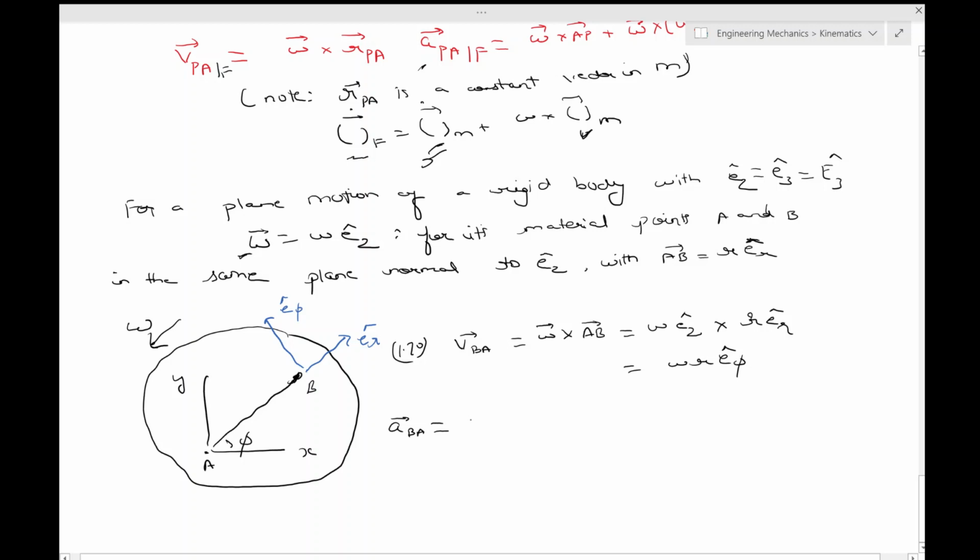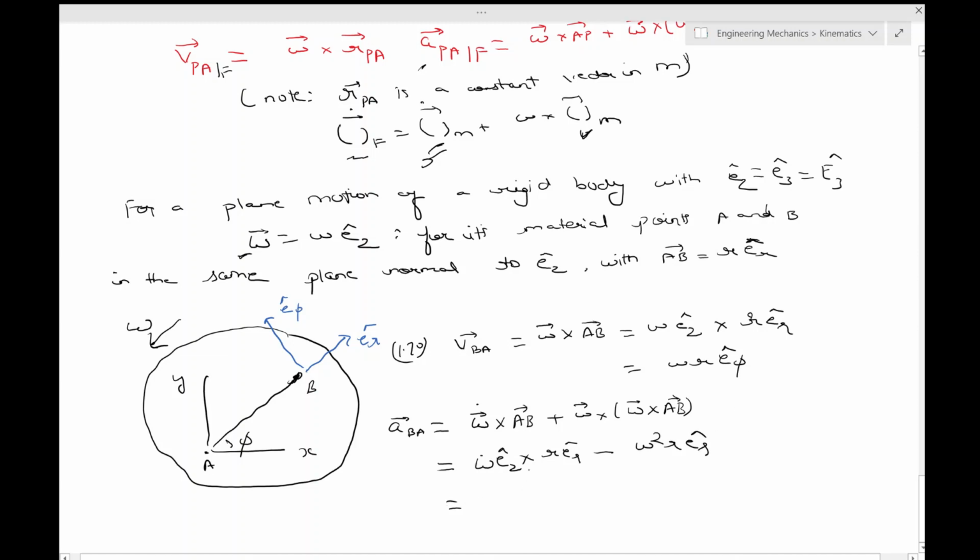This will be equal to omega dot cross AB plus omega cross omega cross AB cross R E_R hat minus omega square R E_R hat.